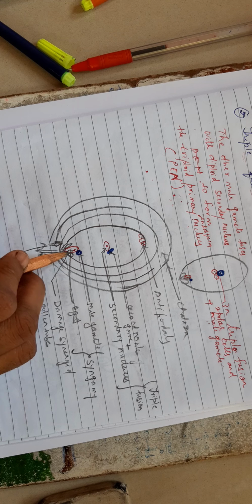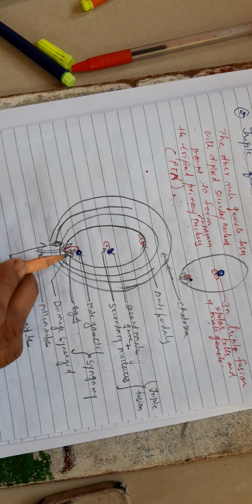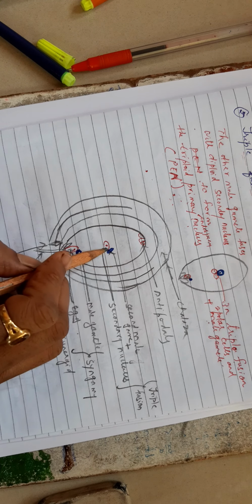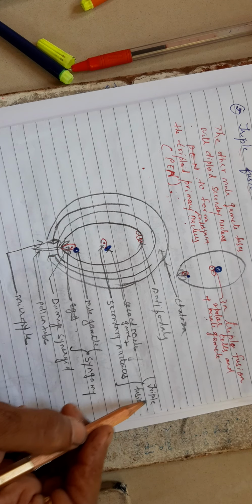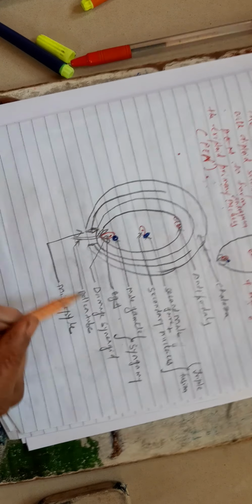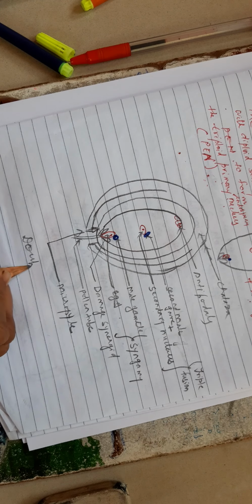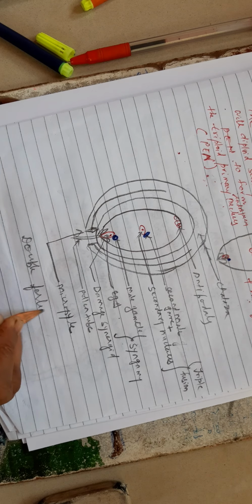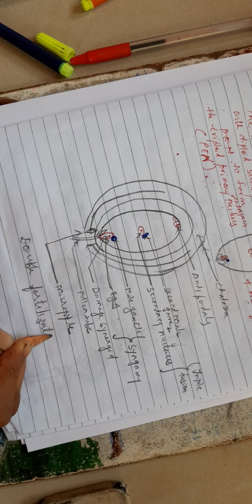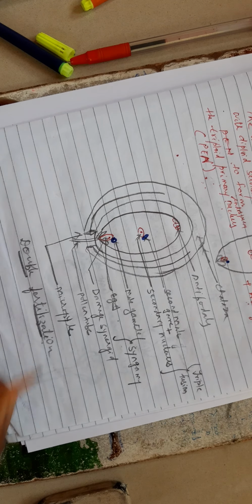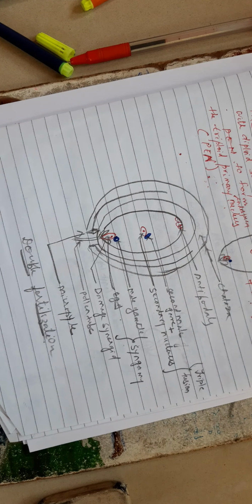The filiform apparatus helps it to reach the egg. Then one male gamete fuses with the egg, it is called syngamy. The other male gamete fuses with the secondary nucleus, it is called triple fusion. And this is the total figure of double fertilization. So this is the process of double fertilization.